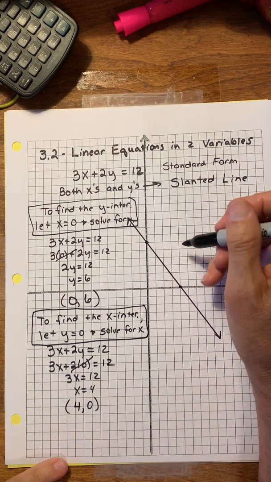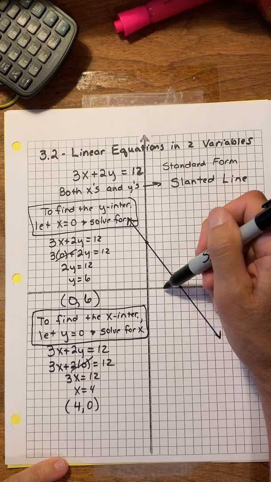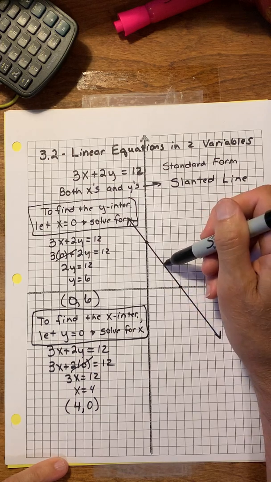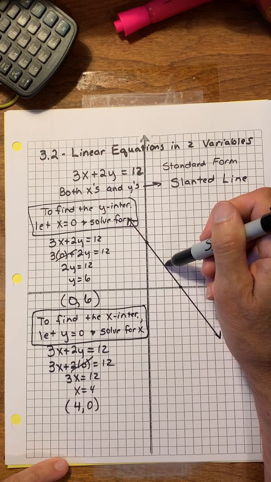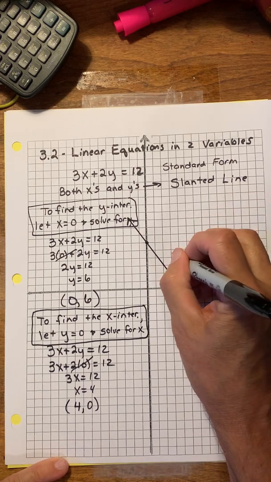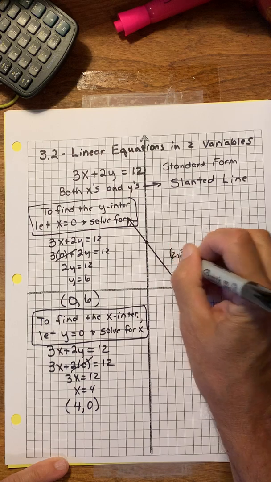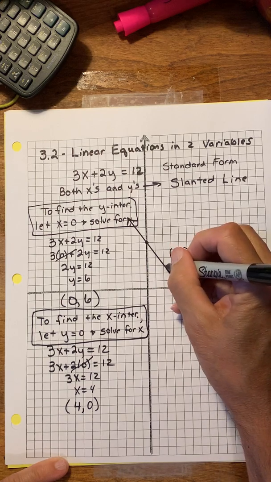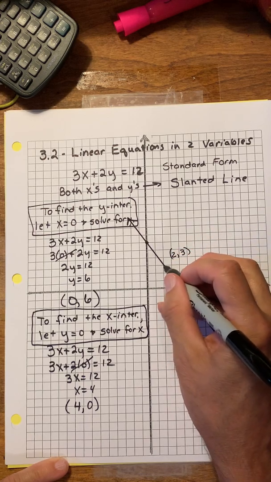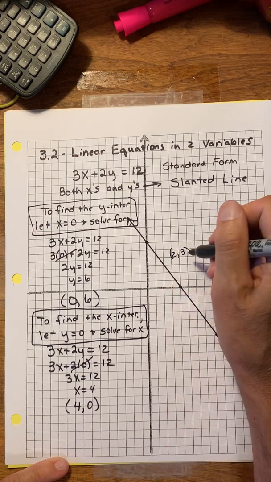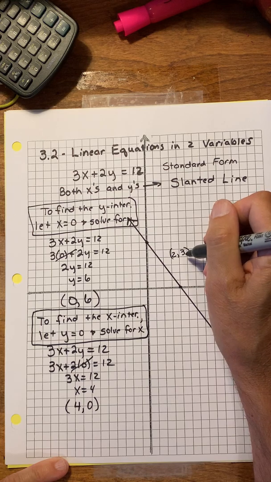Here's a question. Check out this point, (2, 3). You think the point (2, 3) is on the graph of this line? It appears to be, right? It appears like it goes through the point (2, 3). But I wonder if it does.